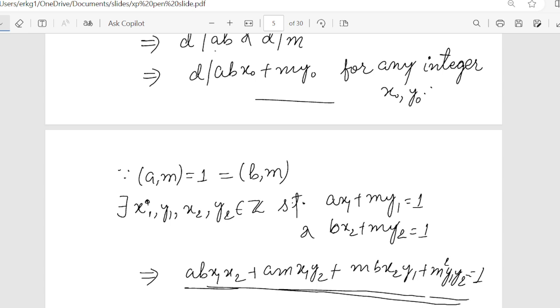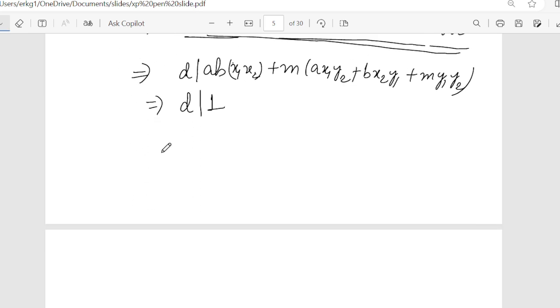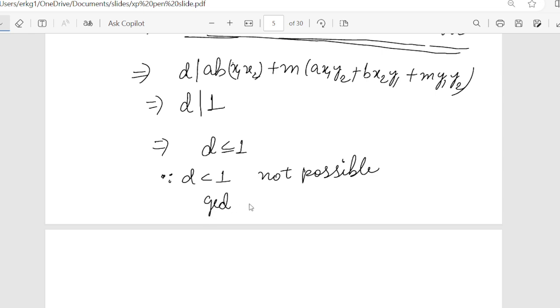This implies d divides 1. d divides 1 implies that d is less than or equal to 1. d less than 1 is not possible because d is the GCD, and we know that GCD is always greater than or equal to 1.